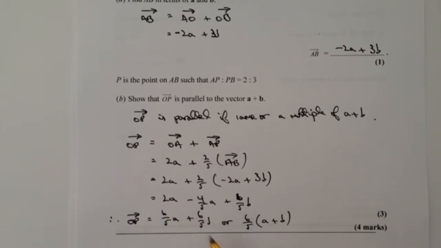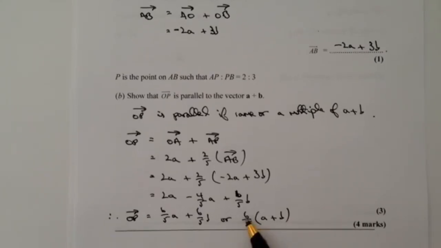But what we've demonstrated is that because vector OP is a multiple of a plus b, a multiple by 6/5, then it must be parallel. If you prefer to work in decimals, then 6/5 would be the same as 1.2.